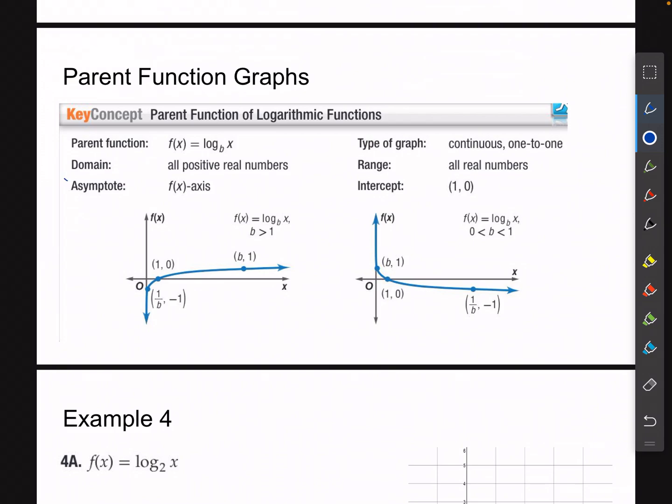Therefore, if you set it up like this, y is equal to log base b of x, the domain here will always be positive real numbers. The range in this case would be all numbers. You can plug in whatever you want. All real numbers for the range. And that's essentially all that you need to take away from the parent function.